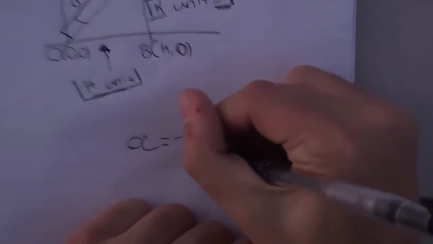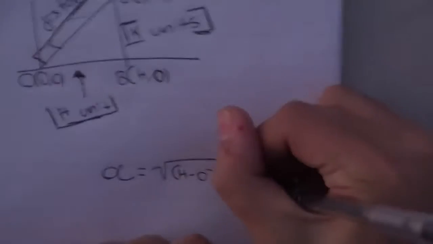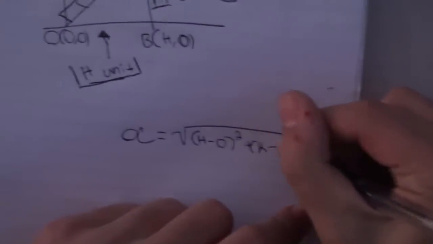You people know how to do this: square root of H minus 0 squared, plus K minus 0 squared.